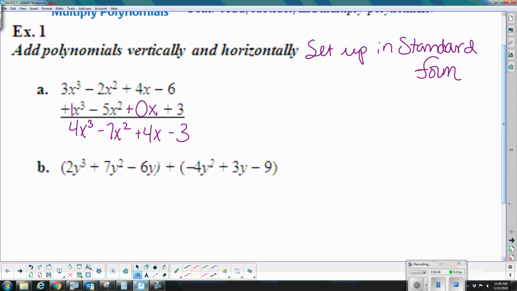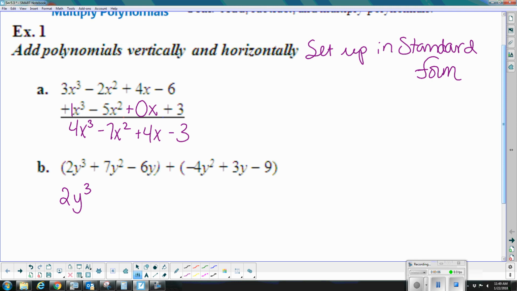Okay, now the next one, adding them horizontally. Again, you want to pair up your like terms. So I would rewrite this expression so that all of my polynomials have the same number of terms.